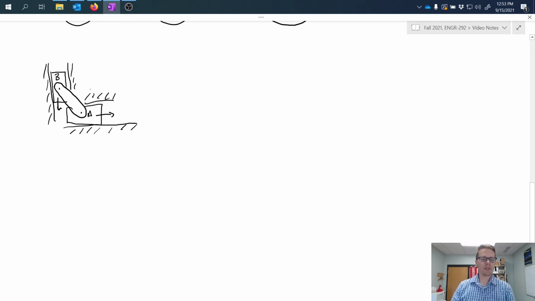So I can represent the motion of the link that connects A and B as a translation. So for example, I can represent it this way as a translation to the right.